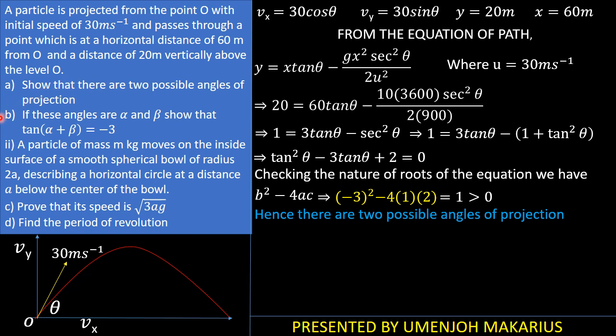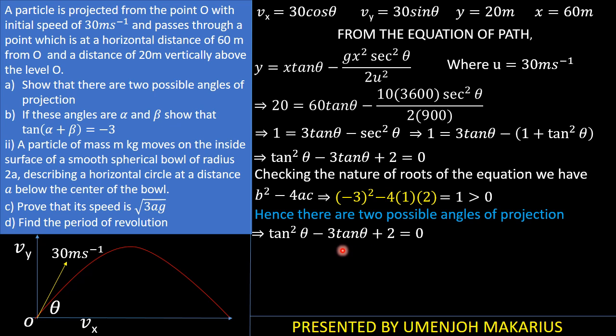Now the next part says that if these angles are alpha and beta, we should show that this condition is true. So let's start by solving for those angles. This is still the equation that we have. We factor the equation: we look for two numbers that multiply to give 2 and add to give -3. Since the coefficient of the middle term is negative and the constant term is positive, those two numbers must be negatives.